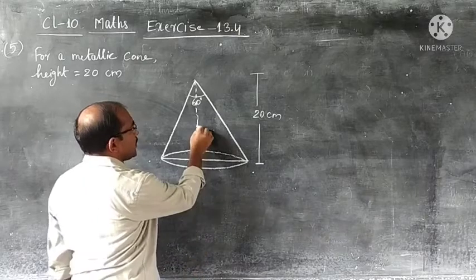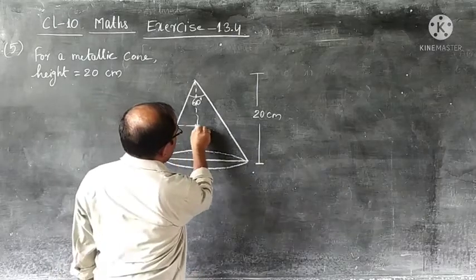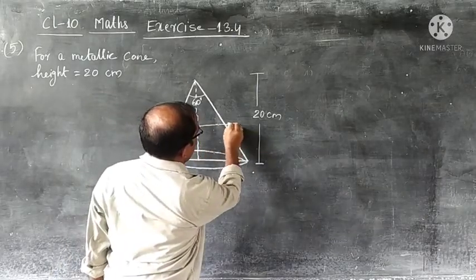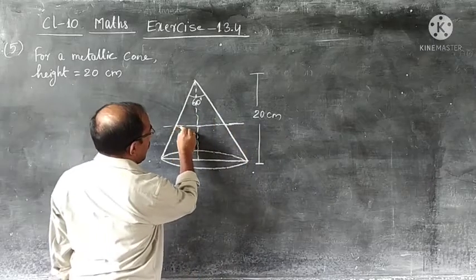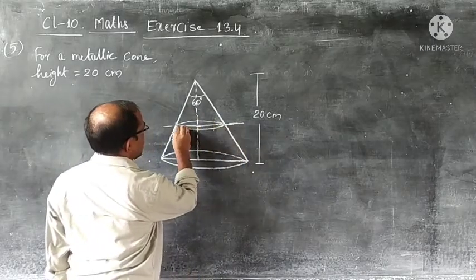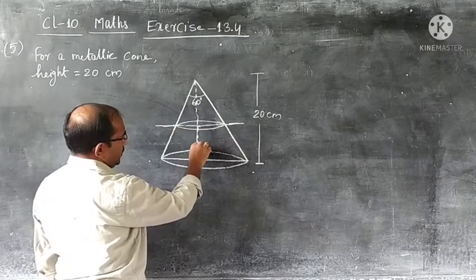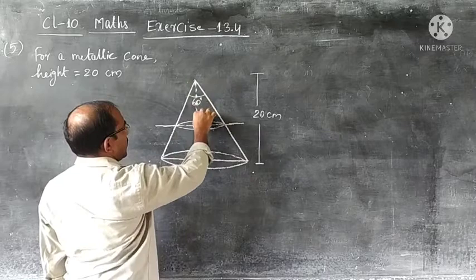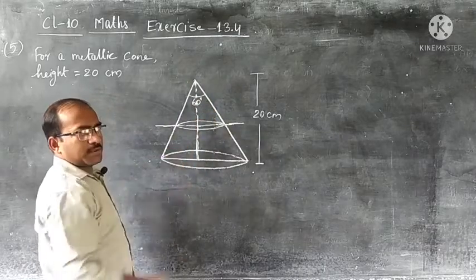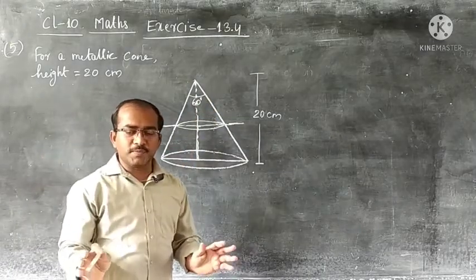It is cut from the middle. This is the middle. We are cutting here. So how will the solid now look? This way. So from here we have cut. So this height and the other half height will be 10 centimeters.